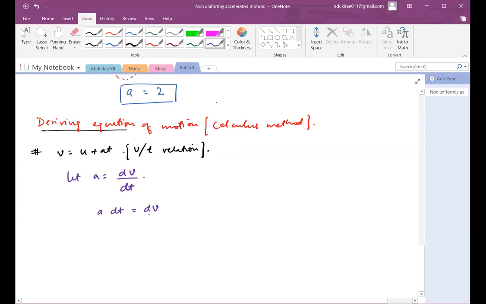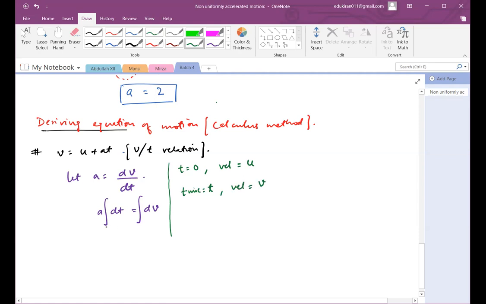Since this is dv and we have to get complete v, integrate both sides. Now to get this integrated part, we have to define limits. Let's say at t is equal to 0, the object will have velocity u, or initial velocity. At some later time t, it will have velocity v.